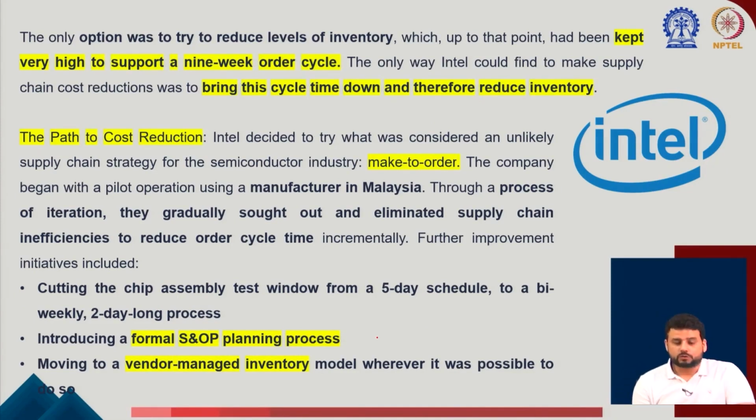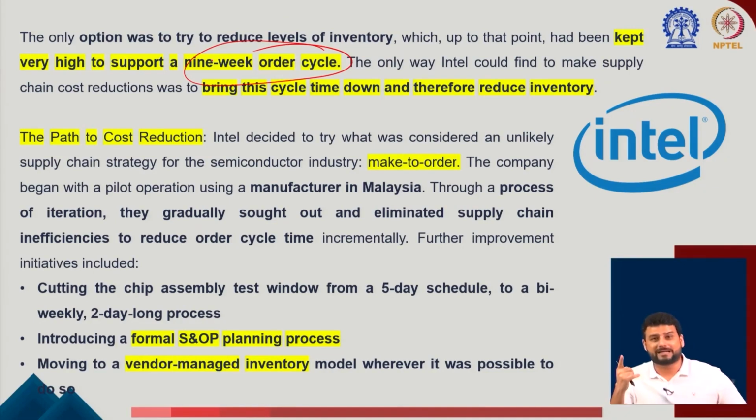But to reduce the inventory, the basic problem was the 9-week order cycle. If today you place the order, after 9 weeks you will get the order. That means you keep a minimum of 9 to 10 weeks of inventory. So the first point in reducing the inventory cost was how to bring this cycle time down, maybe to 2 to 3 weeks. Then we maintain inventory only for 2 to 3 weeks.